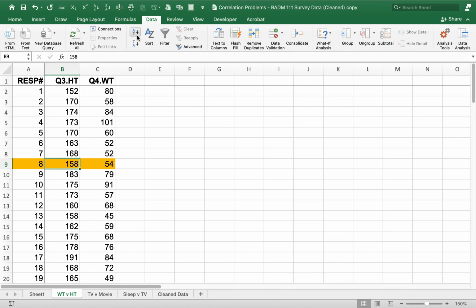But let's take a look at height and weight here and just ask the question that if there is a relationship and if there is a causality between them, then is it the height of the person that determines the weight of the person, or is it the weight of the person that determines the height of the person? Well, it's probably that the height of the person determines their weight, right?